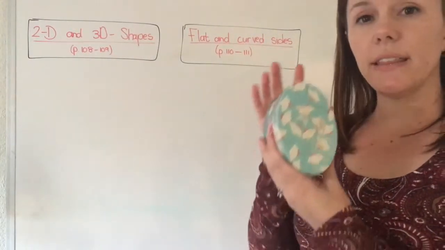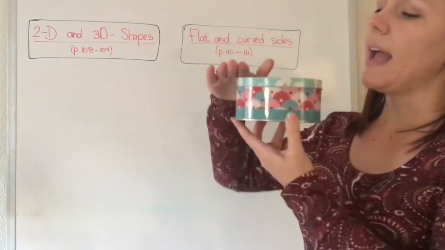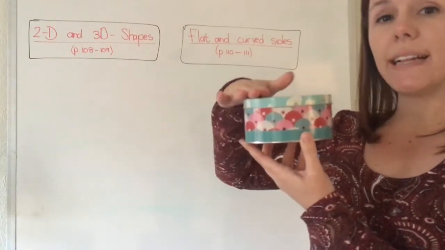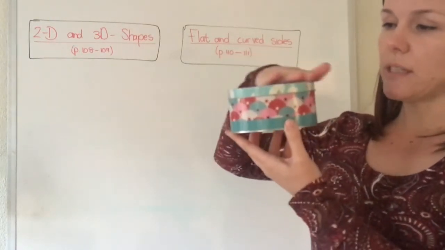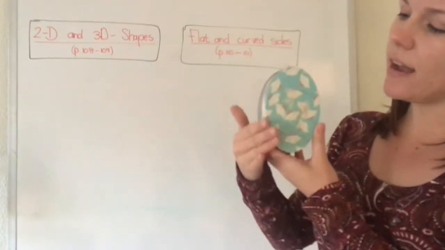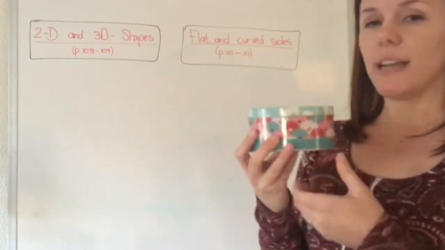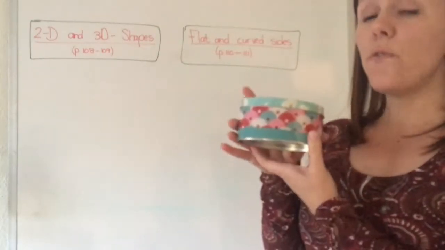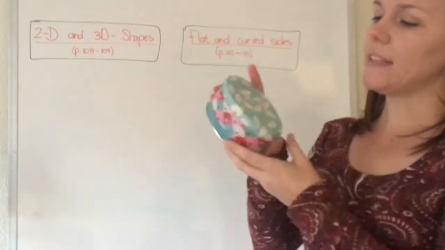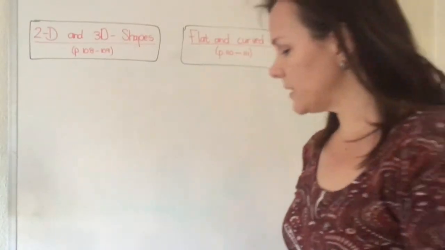So if I look at this 3D shape, if I hold it like this and I look at that surface over there, that is a flat surface because it's flat. But if I hold it like this and I look at the sides over there, that's a curved side. So this tin specifically has flat sides at the top and at the bottom, and it's got curved sides all around the sides of it.